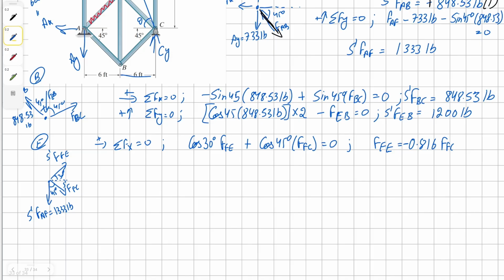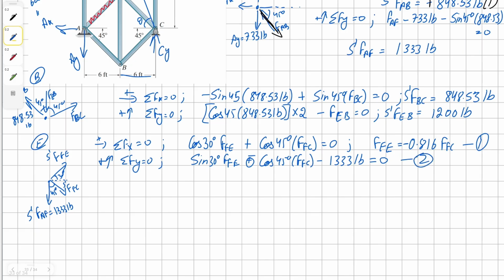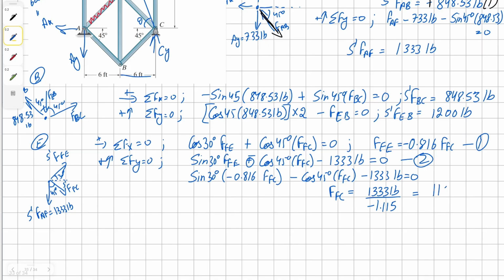We're going to keep it as it is, and then we're going to proceed to our y-axis, all equals to 0. Now we can plug equation 1 into equation 2. Solving for force FC, we get a solution as 1195.40 and negative. Now we can switch our signs.